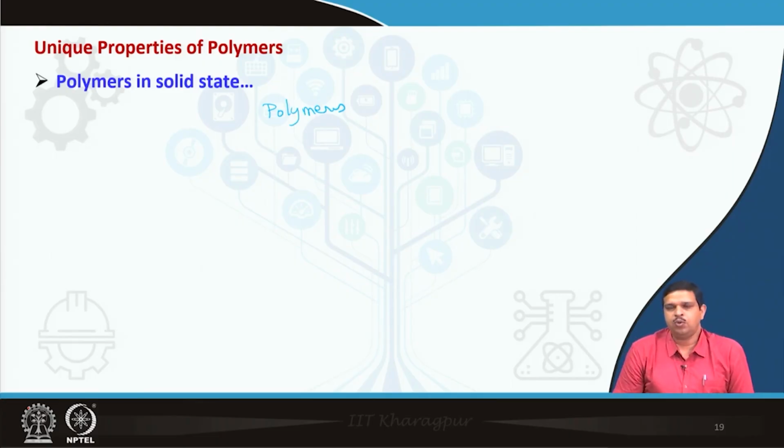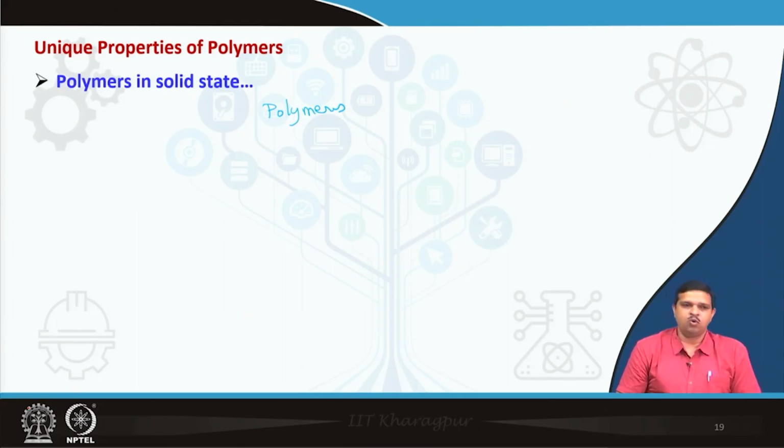Suppose I need a crystalline polyolefin, what method will I choose, and what characterization techniques will I choose to confirm that yes, this is a crystalline polymer. So, that is why good knowledge is required to understand polymer behavior and the semi-crystallinity of polymers. Let us try to see.